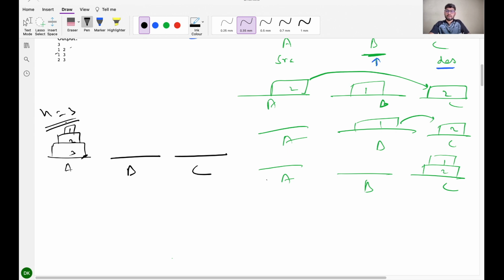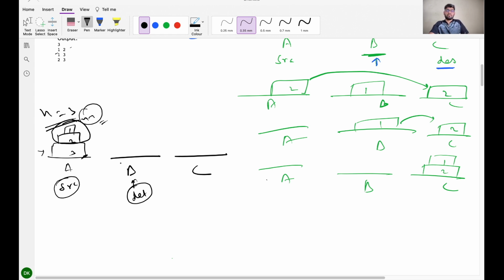So first of all I have to remove all the n minus 1 disks. So what can we do? For the n minus 1 disks my source would be A and my destination would be B. After that I get only the third disk, and I place this disk from A to C.